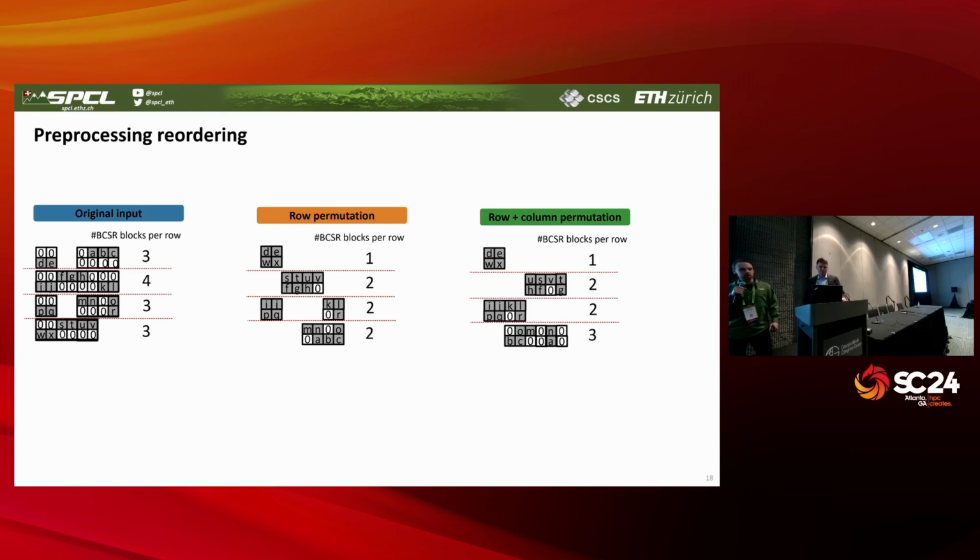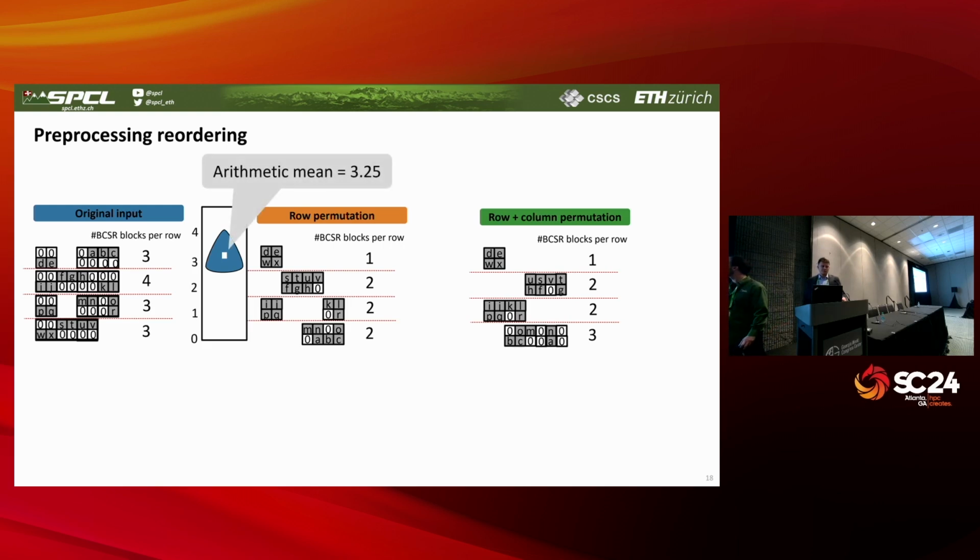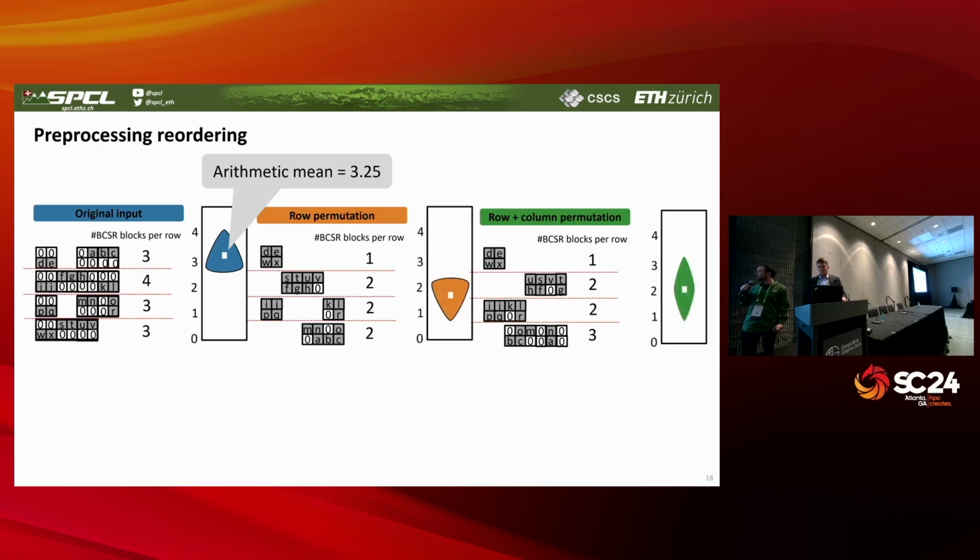Okay, so now what we will be showing is this distribution of BCSR blocks per row as violin plots. So here we actually see this average pointed in the middle. And what will be important for the performance, there are 2 aspects. Well, one thing is the fewer BCSR blocks we have, the better.